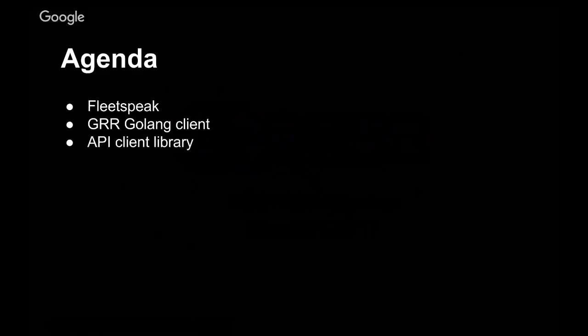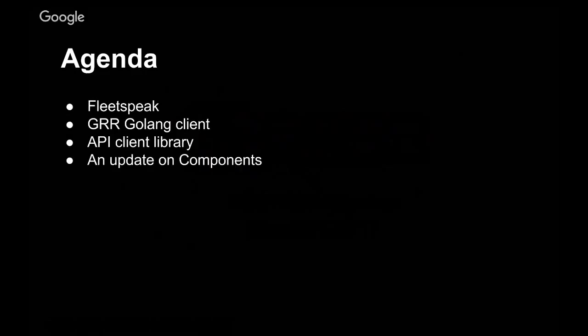So the agenda for today. First, Ben is going to talk a bit about Fleetspeak, which is the new client communication library that we have for GRR. Then we're going to talk a bit about our plans to move the GRR client to Go. We're going to have a little introduction of a new API client library that Misha wrote. He's going to do that himself.